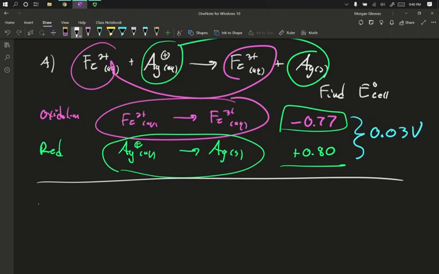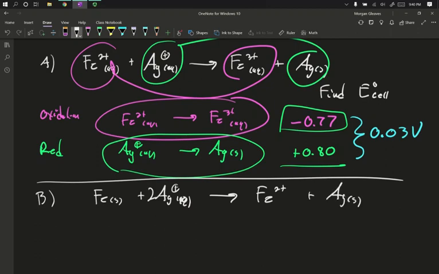Let's compare that then to what if it was iron metal? Once we have Fe solid and silver+ aqueous going to Fe2+ and silver solid. And we'll need 2 of each of these. Well, that changes our oxidation a little bit.